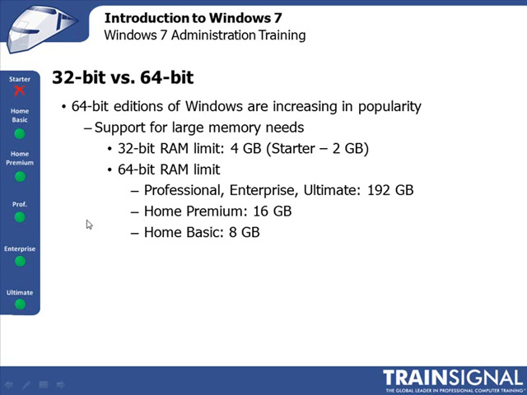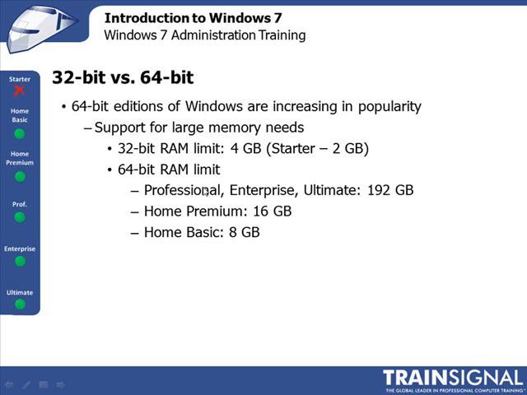64-bit versions of Windows, however, bring a lot more RAM to bear. The Professional, Enterprise, and Ultimate editions of Windows 7 bring 192 gigs of limits on RAM. It's a ton of RAM. I don't even know what you use it for on a laptop or desktop, to be perfectly honest. Even the Home editions of Windows 7, Home Premium allows 16 gigs and Home Basic allows up to 8 gigs of RAM, bring a lot of RAM to bear.